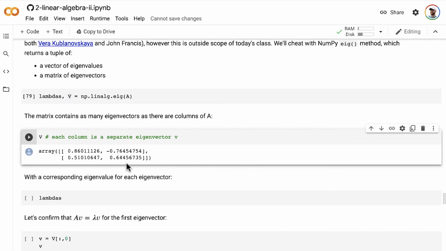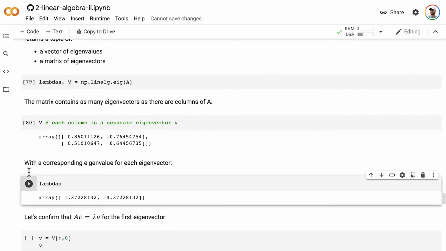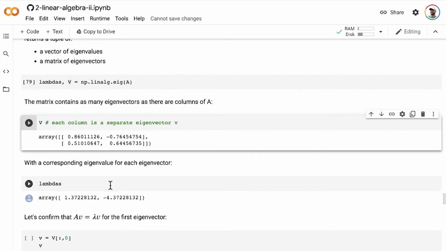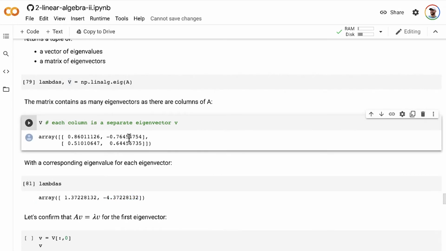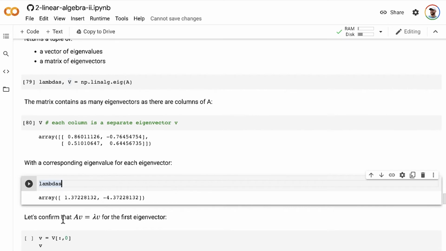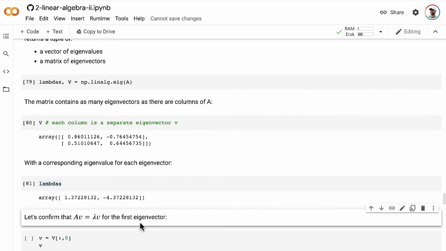And each eigenvector, the first one and the second one, has a corresponding eigenvalue, which is stored in our lambdas vector of eigenvalues. So the first eigenvalue corresponds to the first eigenvector, and the second eigenvalue corresponds to the second eigenvector. So let's first confirm that Av equals lambda v for the first eigenvector.